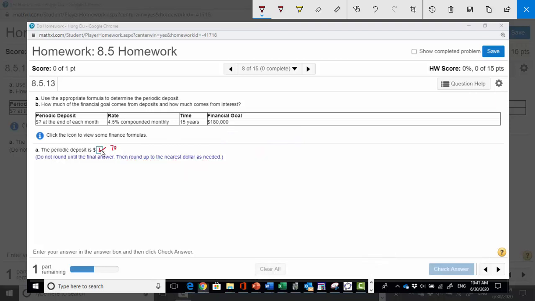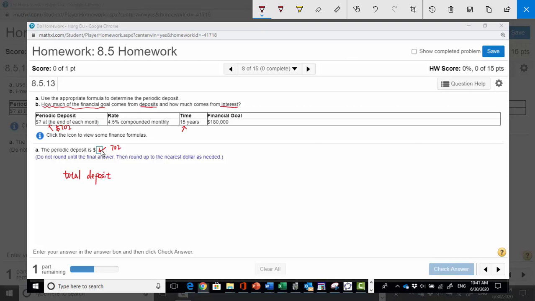Now let's look at part B. In part B, they want us to find how much of the financial goal comes from deposit and how much comes from interest. Let's start with deposit. We already know from part A that $702 will be deposited at the end of each month for 15 years. Given this information, we should be able to figure out the total deposit made in this 15-year period.